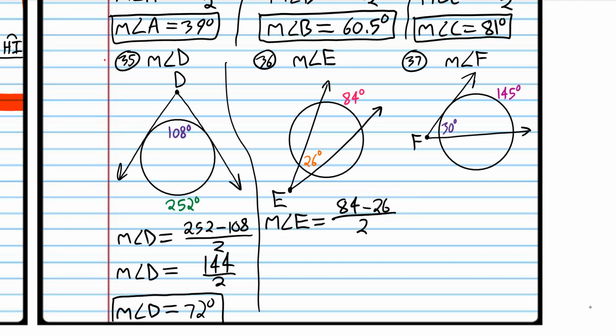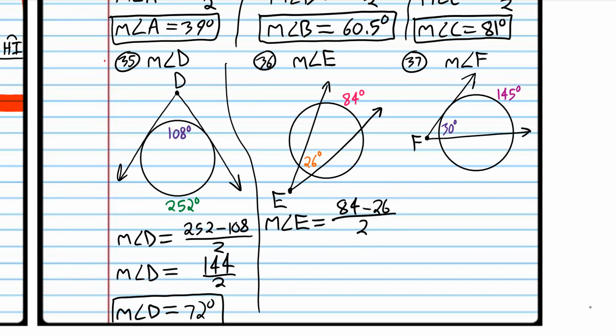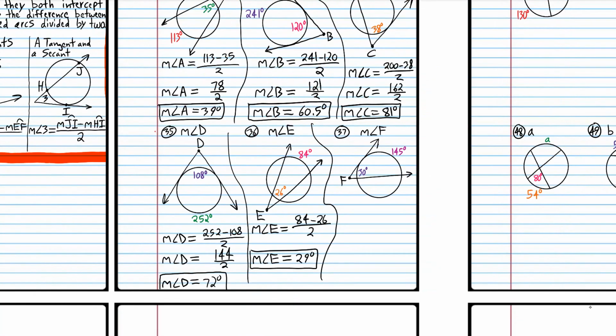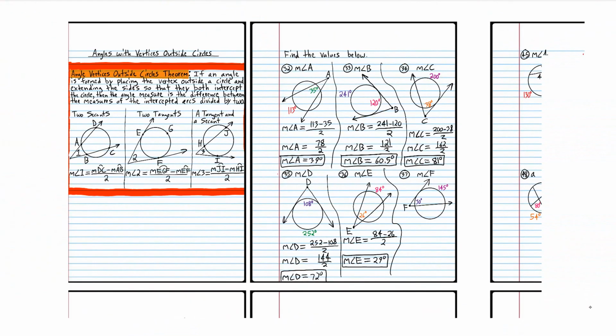So 84 minus 26 equals 58. And 58 divided by 2 is 29. I don't think I have to keep showing each step there. So 29 degrees. Try 37, and when you come back, we'll do it together.